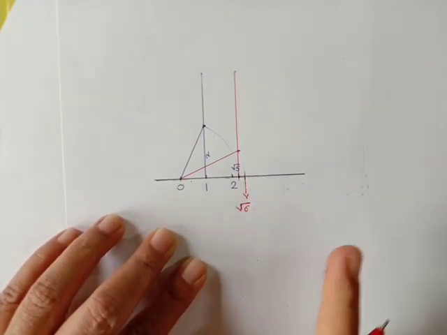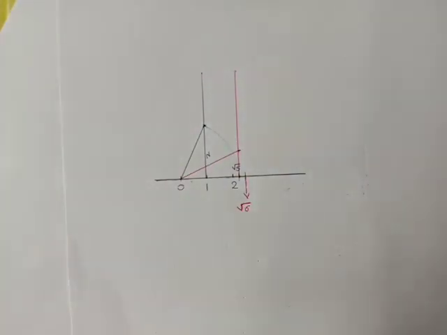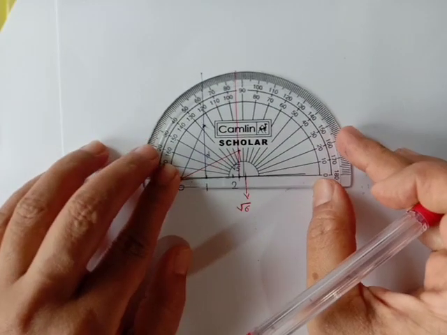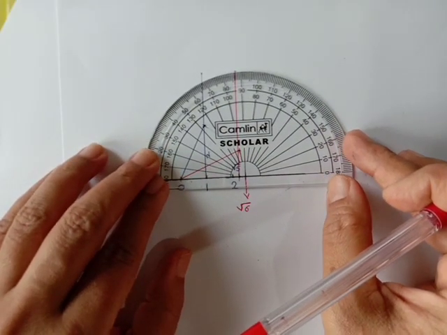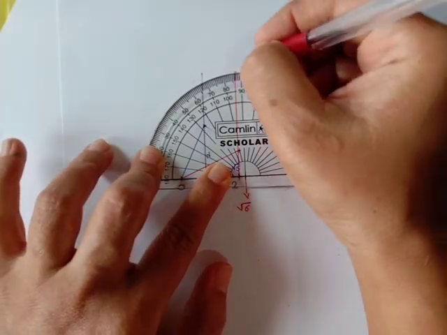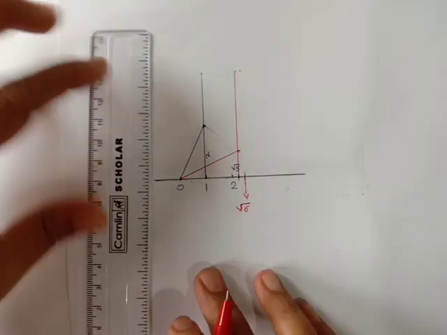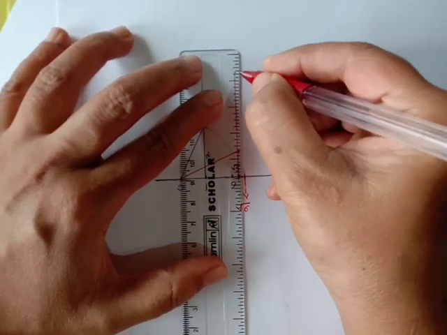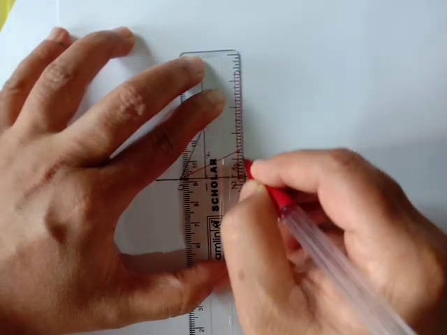Okay, now I want root 7, mind well. So what I am going to do, I will draw here again one more perpendicular line. Just see what I am doing. I am drawing one more perpendicular line over here. Students, watch carefully what I am doing. From here, I am going to mark on root 6.